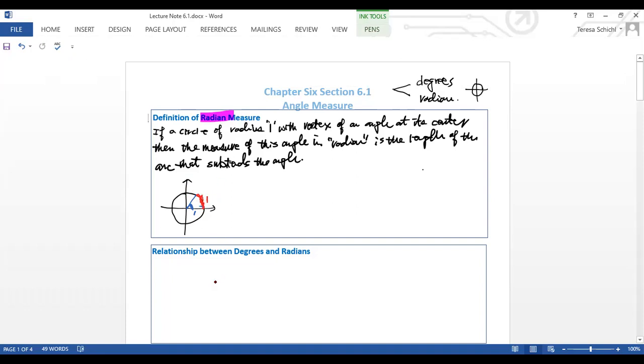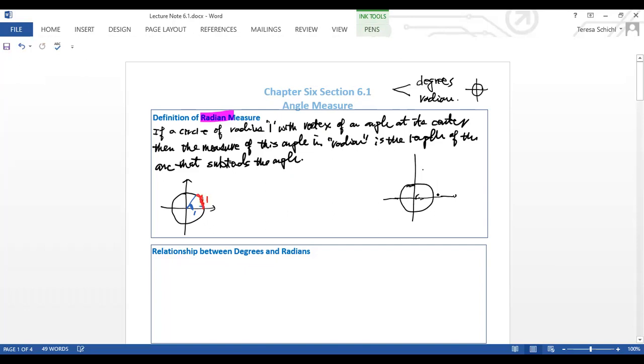Some people still say, I don't quite understand what that means, so let's take a look at this graph.